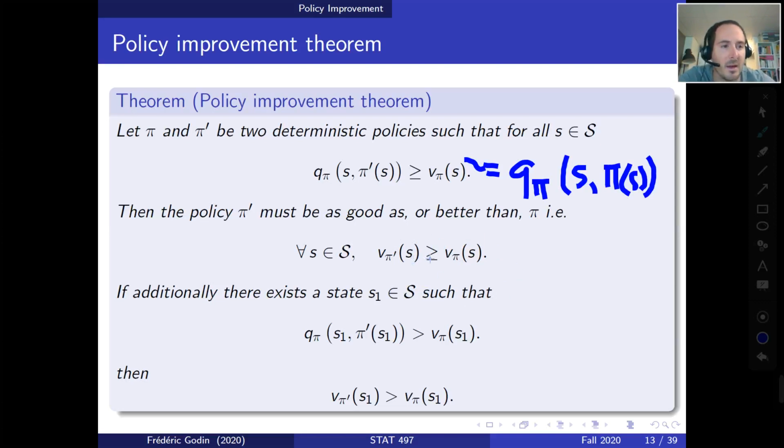However, if we impose an additional condition, so if there exists a state S1 such that the action value of action pi prime of S1 in state S1 is strictly greater than the value of state S1 according to policy pi, then v pi prime of S1 is strictly greater than v pi of S1, meaning that the policy pi prime is strictly better than the other policy, at least in state S1.